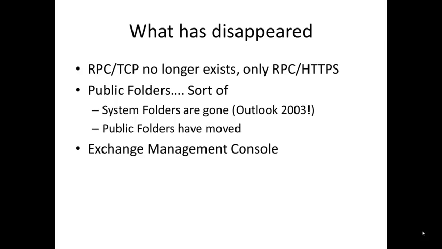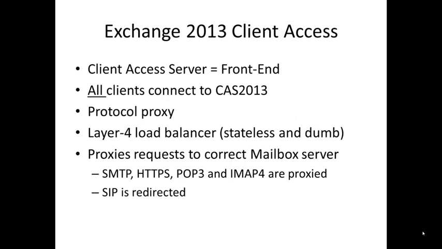Since these are no longer available, you cannot use Outlook 2003. If you do use this Outlook client, you have to migrate to Outlook 2007 or higher, preferably 2010 or maybe 2013. The public folders themselves have moved from the traditional public folder infrastructure to the mailbox folder infrastructure. Also disappeared is the Exchange Management Console. It is replaced by the Exchange Admin Center.